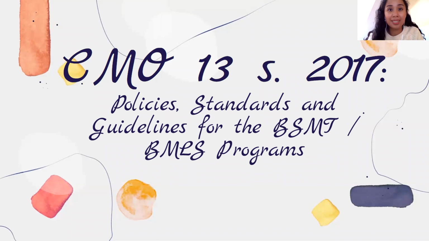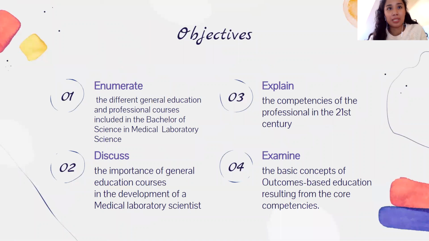Basically, this is an orientation. Nevertheless, this is also part of our exam, and I think I'll get 20 points from this topic. Our objectives for today: enumerate the different courses and subjects required in our program, discuss the general education courses, explain the competencies of the professional in the 21st century.